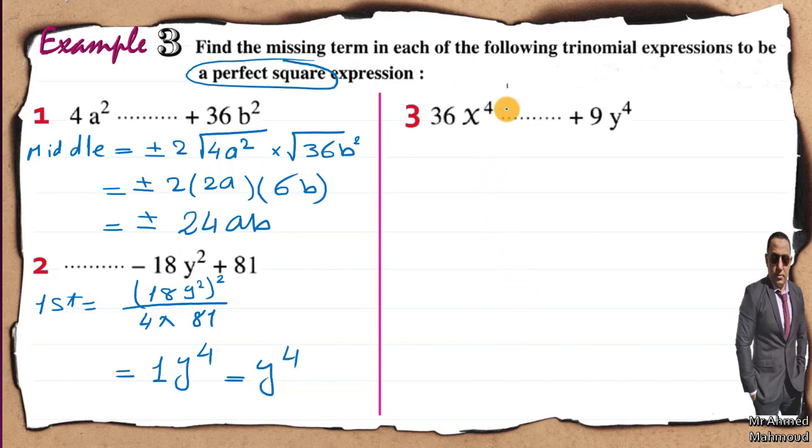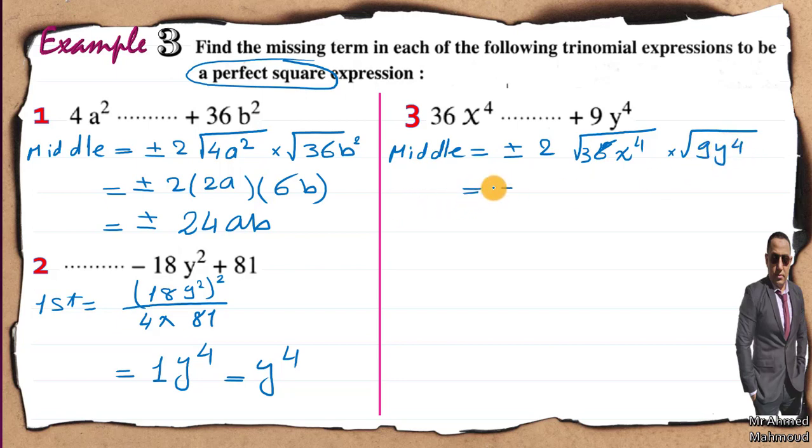Another example. Here the missing term is the middle. The middle equals negative or positive 2 square root of the first, 36x to the power of 4, times square root of 9y to the power of 4, equals negative or positive 2 root 36 which is 6, root x to the power of 4 which is x to the power of 2, times root 9 which is 3, root y to the power of 4 which is y to the power of 2.